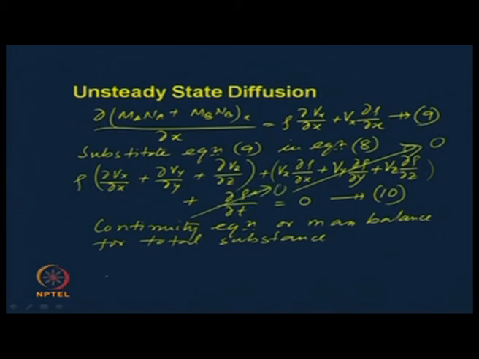In that case, we can write del V_x del x plus del V_y del y plus del V_z del z equal to 0. So, equation number 11.